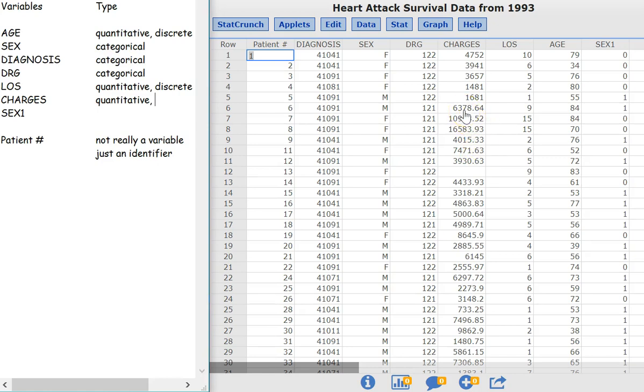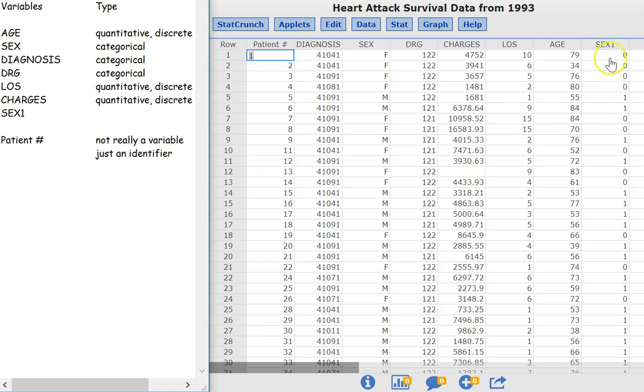Another way that you can tell that something's discrete is if there are gaps between the values. This is not a measured value, this is something that was counted up. The amount of money that they owed was counted, and there are gaps between the possible values from one penny up to the next penny. So this one is also discrete.